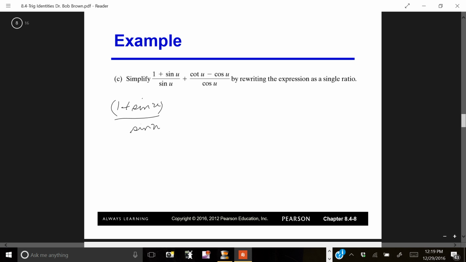And if we want them to have the same denominator, we want the first term to have cosine of u here, and we'll put cosine of u here.